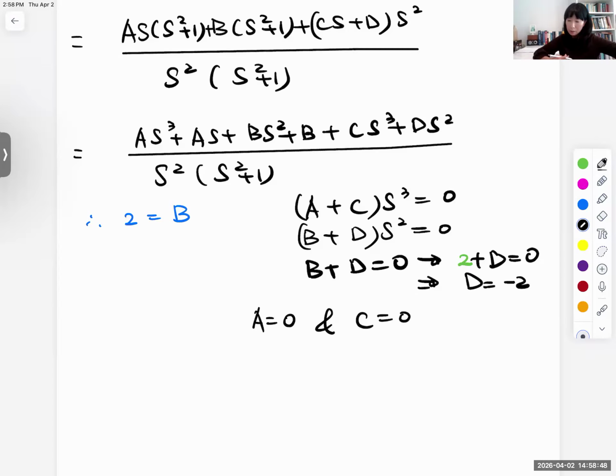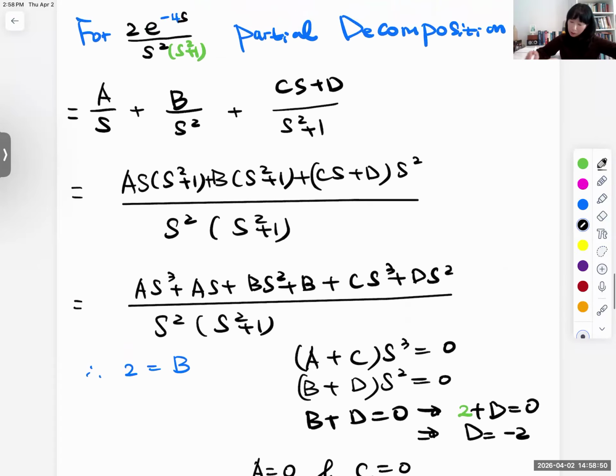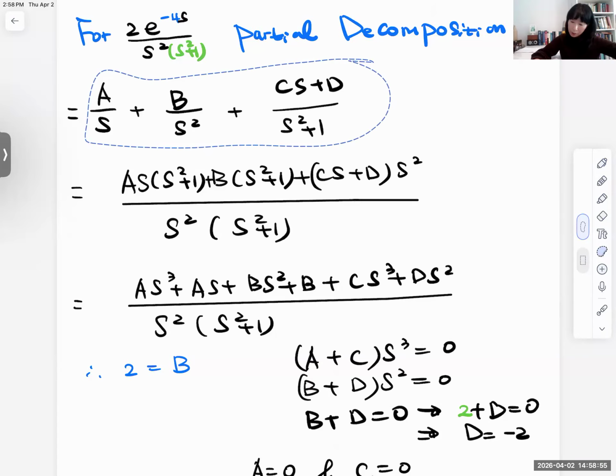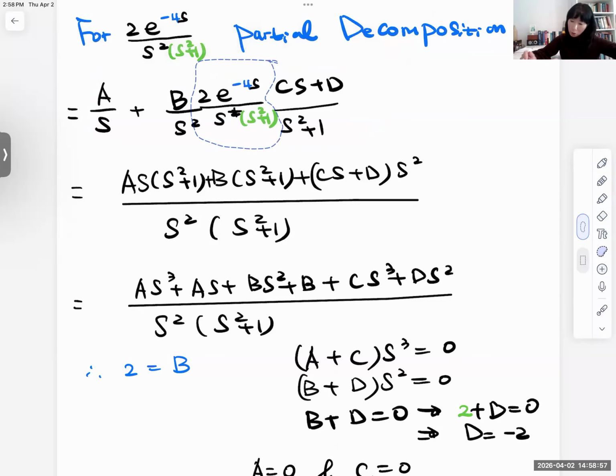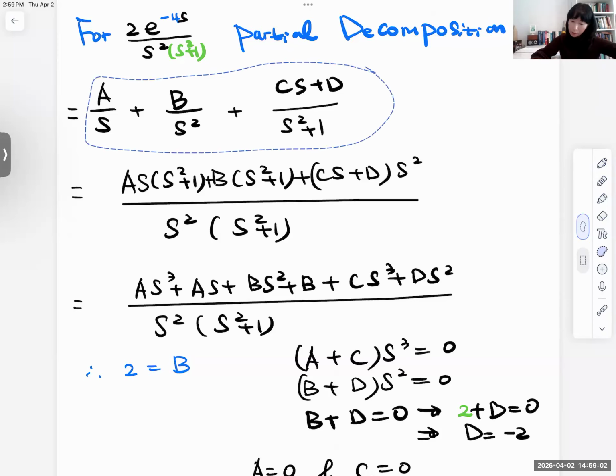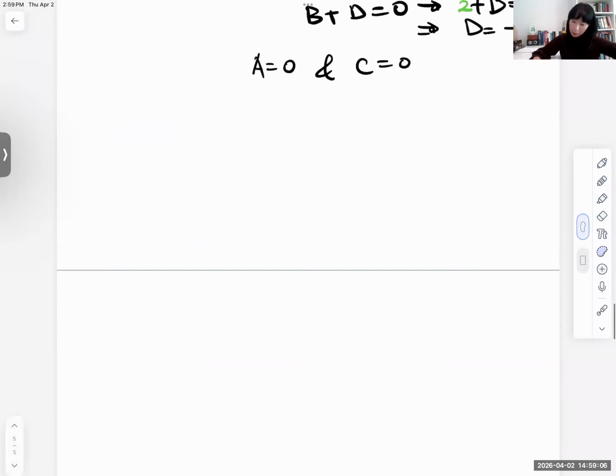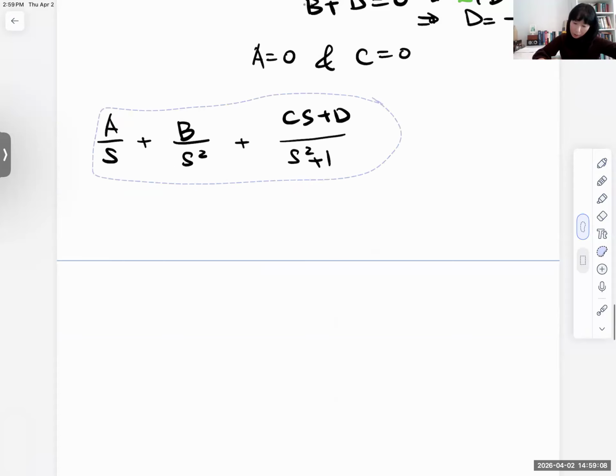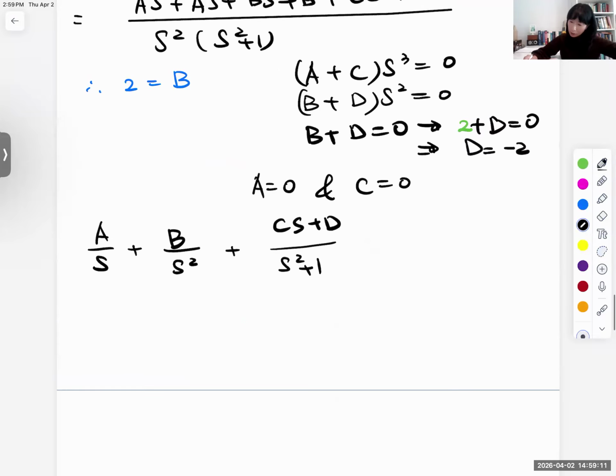Okay, now let's do this one. So we have this one. Do again. We have this format. Copy that. Okay, so there will be A, which is 0. B, which is positive 2, S square.